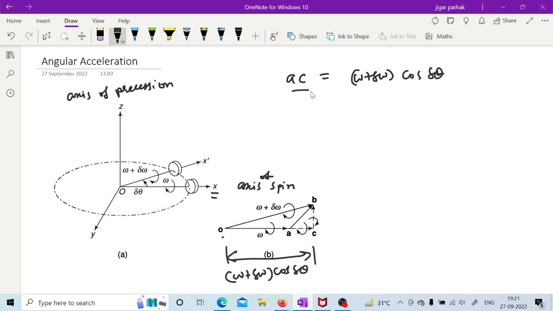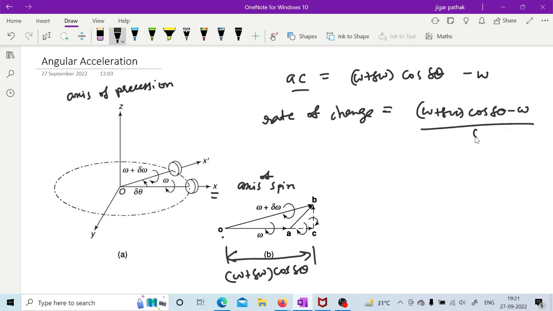You are finding AC, so you subtract omega from this. This is how you get the component AC. Now the rate of change will give you the angular acceleration for that component. So the rate of change is ((omega plus delta omega) cos delta theta minus omega) upon delta t. Considering that delta theta is very small, almost 0, cos delta theta will be 1.